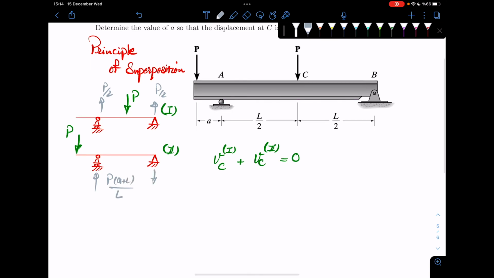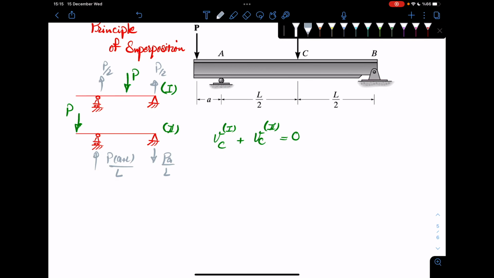And then from the right one, you would have PA over L. Okay, so you just use Macaulay bracket for each of these, and then you add them together, you set them to 0, and eventually, if you did everything correctly, you would see A should be L over 3. Okay.